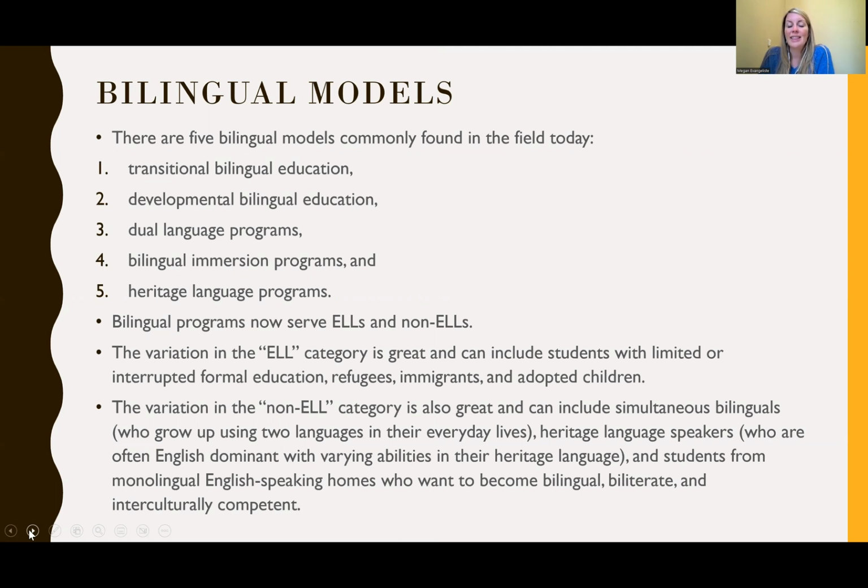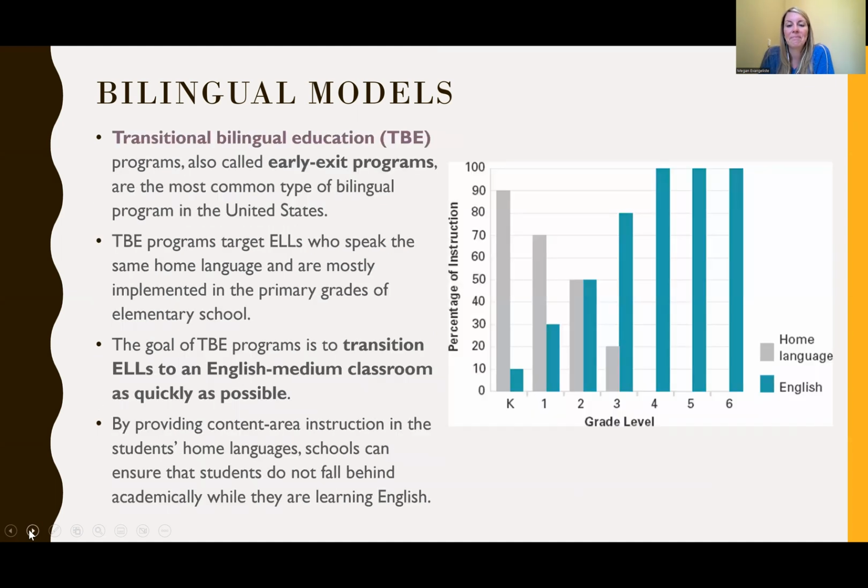And the variation in the non-ELL category is also great and can include simultaneous bilinguals, who are students that grow up with 2 languages in their everyday lives, heritage language speakers who are often English dominant with varying abilities in their heritage language, and students from monolingual English speaking homes who want to become bilingual, biliterate, and interculturally competent.